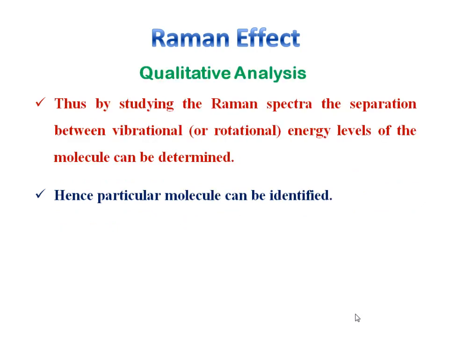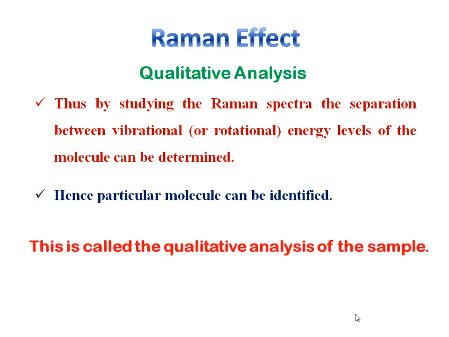Thus, by studying the Raman spectra, the separation between vibrational or rotational energy levels of the molecule can be determined, and hence the particular molecule can be identified. This is called the qualitative analysis of the sample.